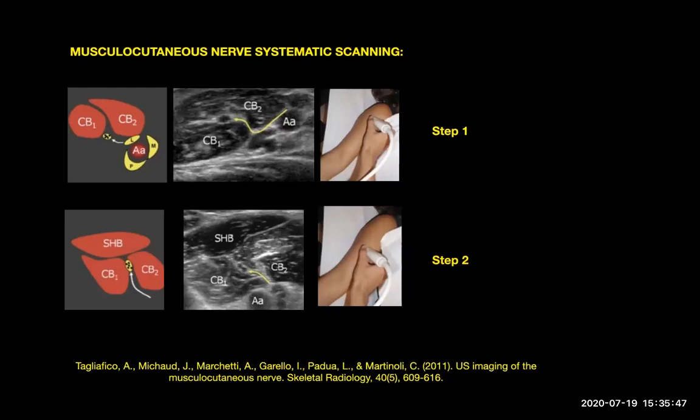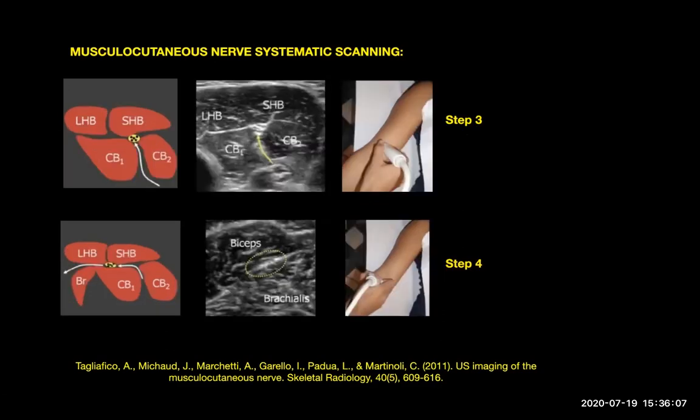And then as it inserts, you can scan it down, okay? So you follow it going downwards. You can see that the musculocutaneous nerve will actually insert into the two heads of the coracobrachialis, okay? And then after that, it goes through the short head of the biceps and of course the coracobrachialis.